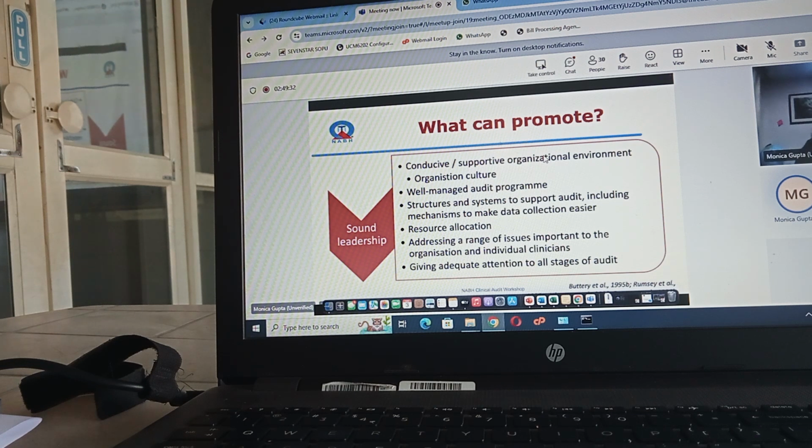It might be a good idea to have an audit committee, though it is not prescribed by NABH, there is no prescription there, but it helps because in the committee you will need to have somebody from the top management. It could be a medical superintendent, it could be a medical director.